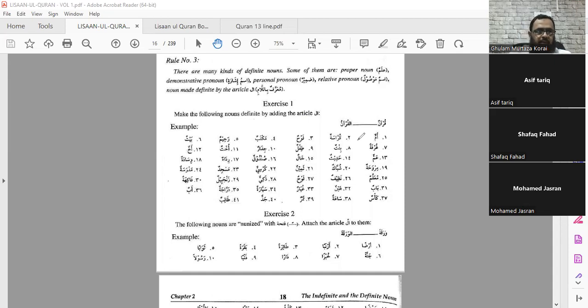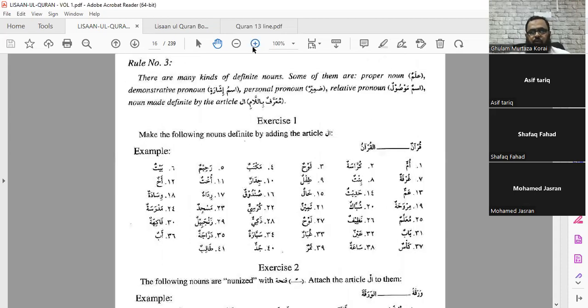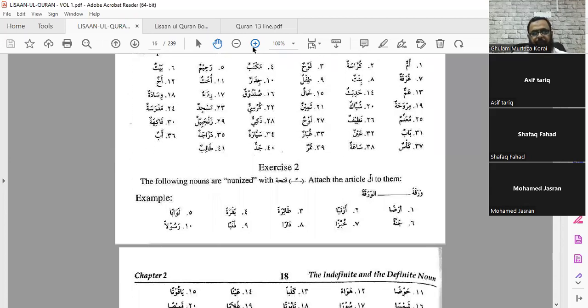Let me zoom it. Okay, so I would encourage you, if you write these exercises, or even if you get a print of these pages and write in front of them, I will be okay with it, but you are supposed to do that. I will ask you, okay?